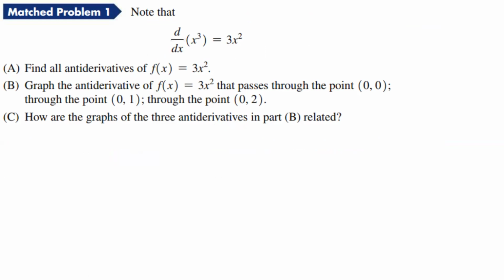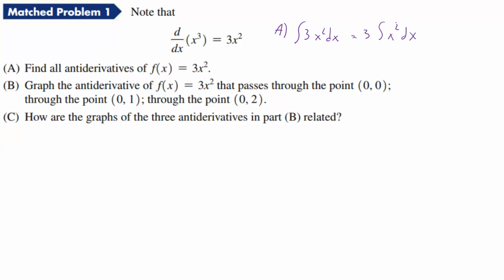First, we're going to find the antiderivative of f of x equals 3x squared. We're going to do it up here because we don't know how much room we're going to need. So that's the antiderivative, the integral of 3x squared dx. We can pull the 3 out in front, and then we have the integral of x squared dx.